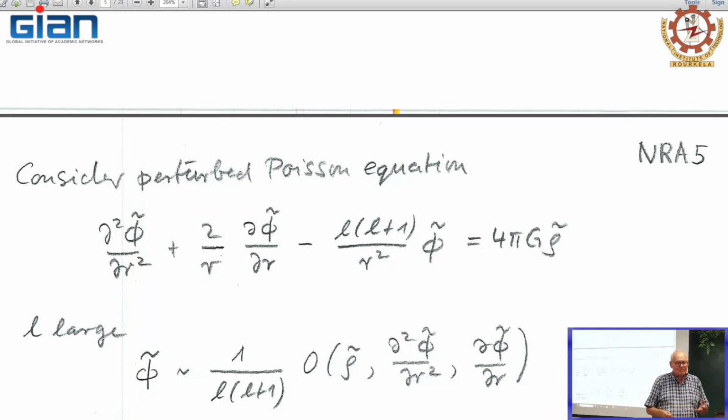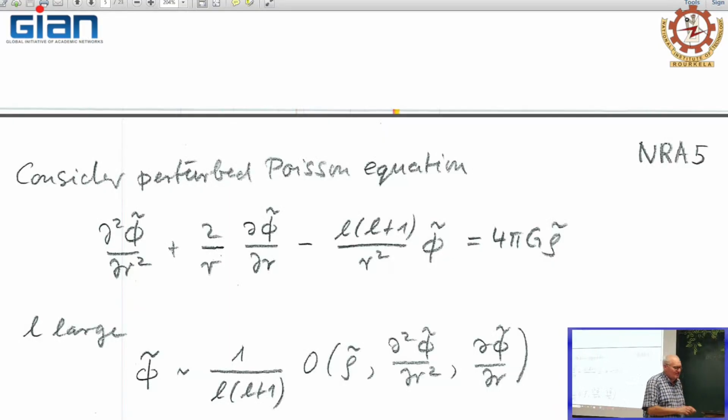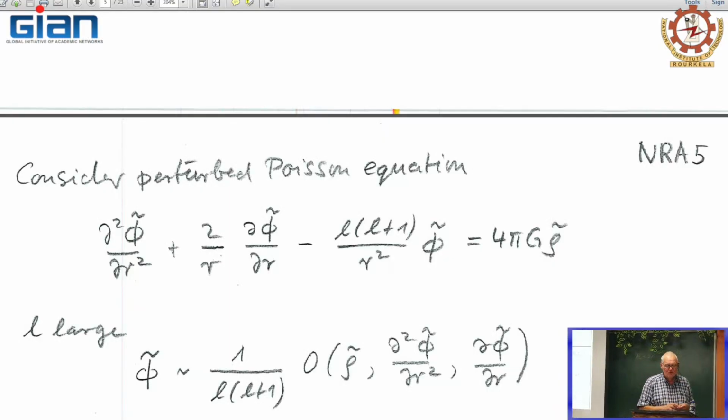So this means if L goes to infinity, the potential will become small compared, for instance, with the density perturbation. And the so-called Cowling approximation consists of neglecting the potential altogether.